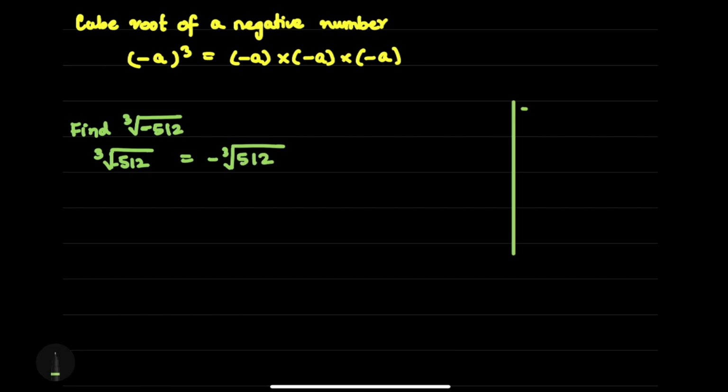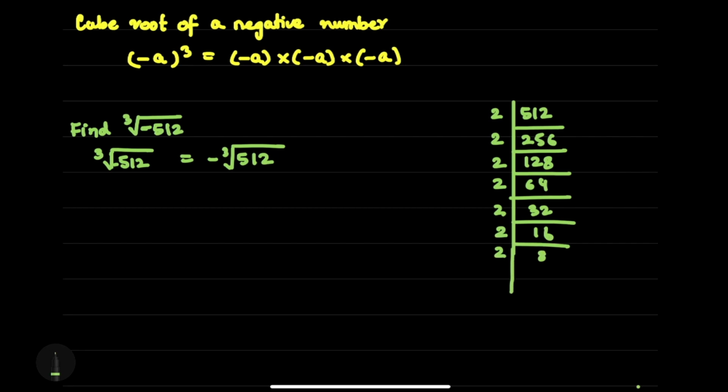Now we'll find the prime factorization of 512, and that comes out to be 256, 2 again, 128, 2 again, 64, 2 again, 32, 2 again, 16, 2 again, 8, 2 again, 4, 2 again. And that's our prime factorization. Let's write this down. So 2 into 2 into 2.